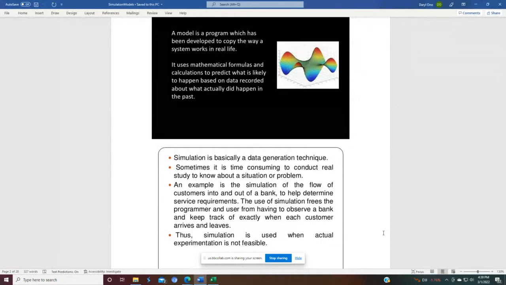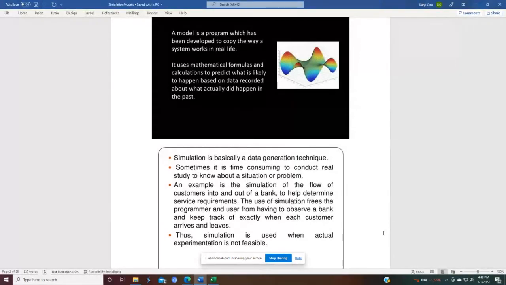It goes out there and it tries to replicate how a system will work in real life. And at its fundamental roots, simulation analysis uses a lot of math and calculations to predict what's going to happen in the future based off data from the past.